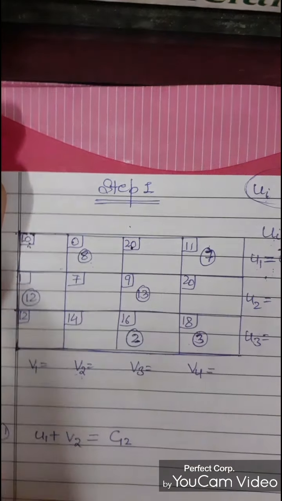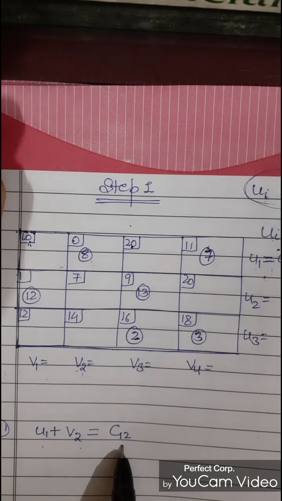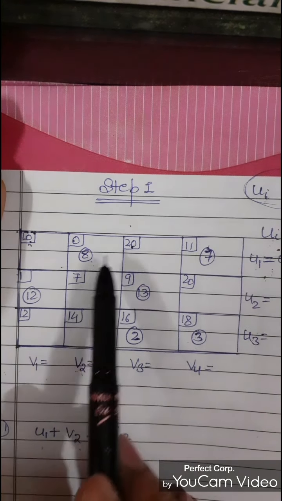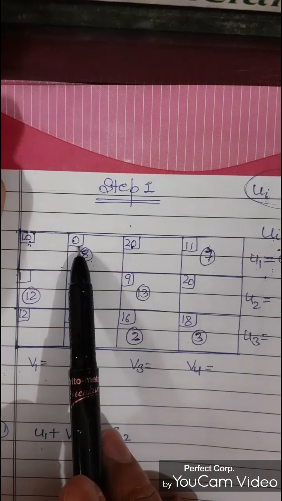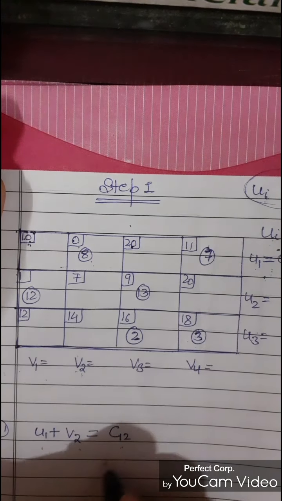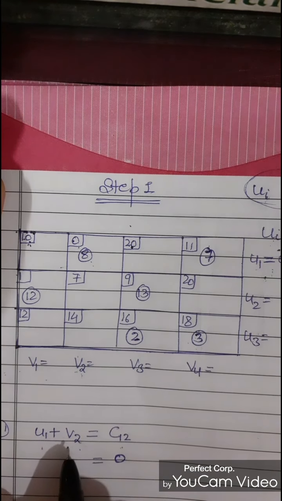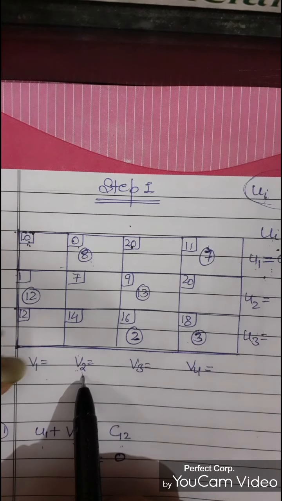How? I have written U1 plus V2 equals to C12. What is this C12? The C12 stands for the cost in the first row and second column. So the cost in the first row and second column is equal to 0, right? And what is the value of V2 here? No, we are not having this value. We have to find the value of V2.